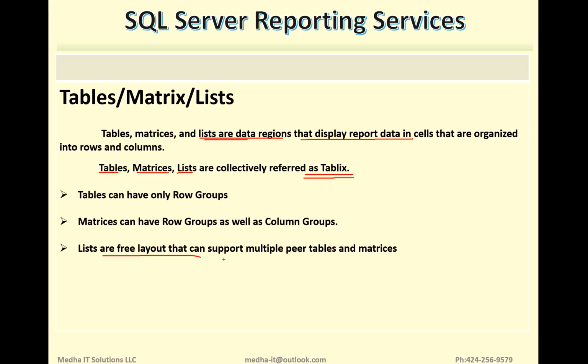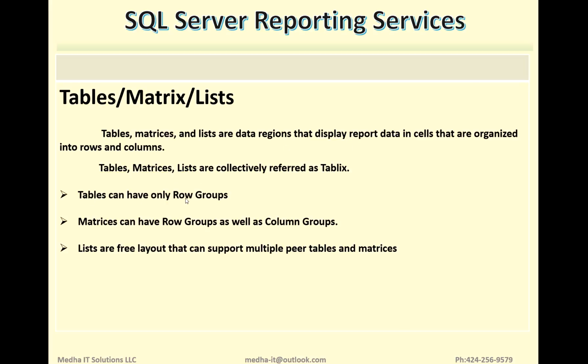Without showing the data as a table or a matrix, if you want to show the content as free text, you can use lists. So the combination of tables, matrices and lists are collectively referred to as tablix, okay. So there is no such format as tablix, but we use the term tablix to refer to a structure that combines tables, matrices and lists, okay.